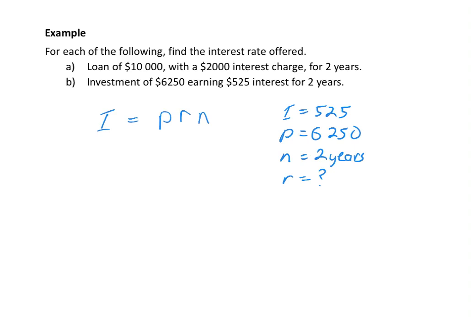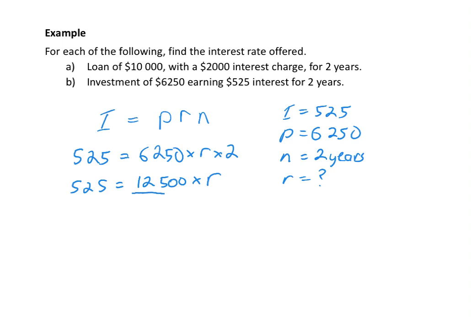So substituting in the values that I do know, 525 is going to equal 6,250 times the rate times 2. So 525 is going to equal 12,500 times my rate. To get my rate by itself, I need to divide both sides by 12,500.